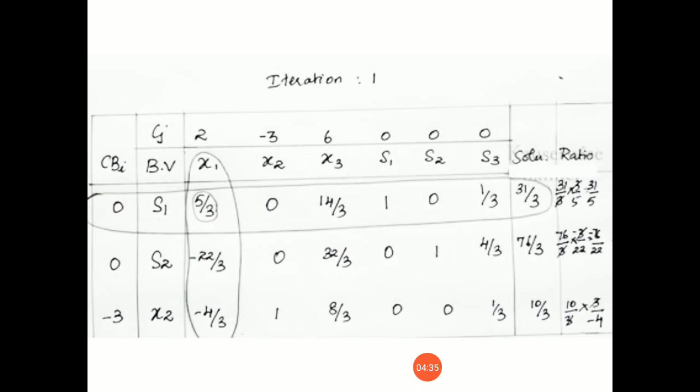So S1 is the leaving variable, whereas the key column represents the variable x1. So here x1 is the entering variable. In the next step, when we make iteration table 2, in place of S1 we are going to write x1. So S1 is the leaving variable and x1 is the entering variable.